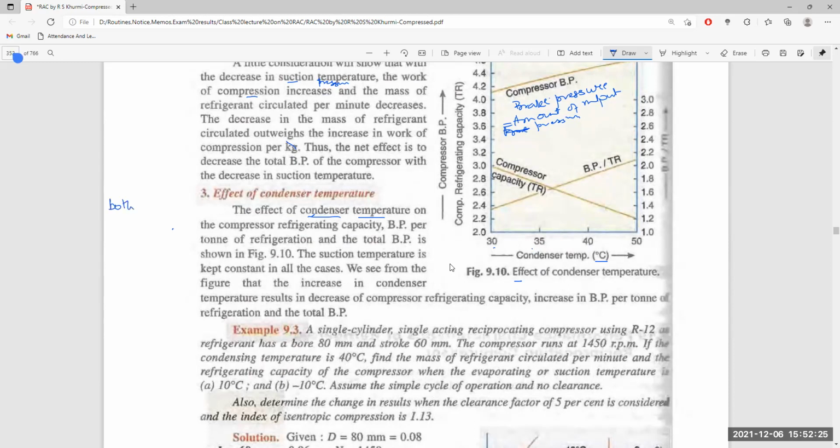Both the reduction in suction temperature and the increase in discharge temperature result in a reduction in refrigerating capacity.